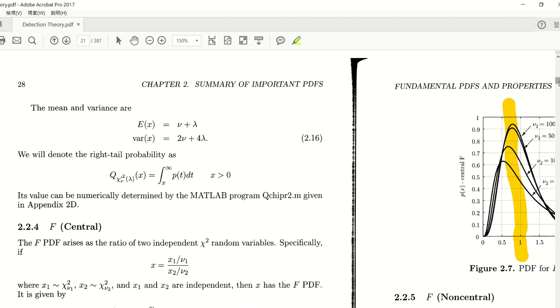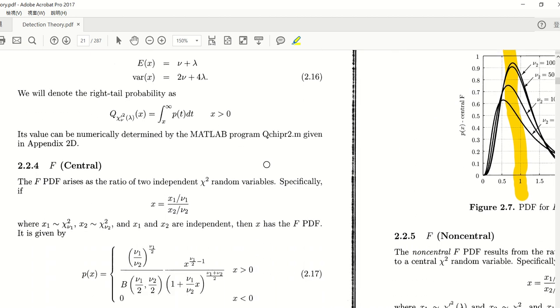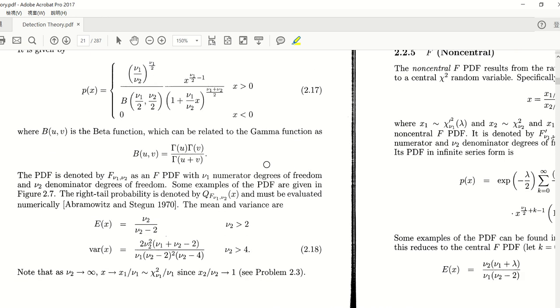Okay, so this is a probability density function. Up to this point, you may be wondering about one thing: how come we are talking about V2 larger than 2 and V2 larger than 4?